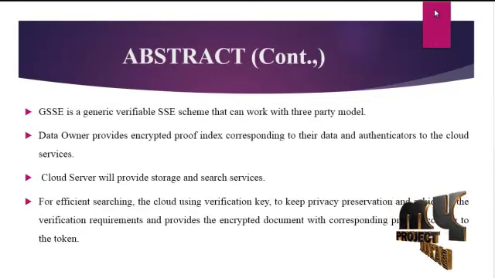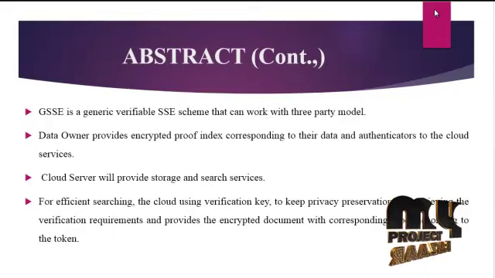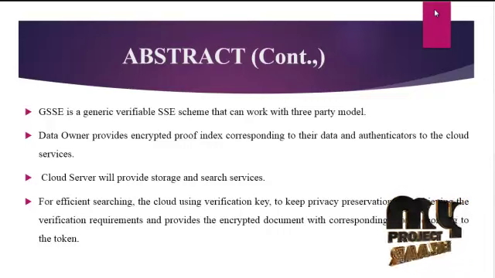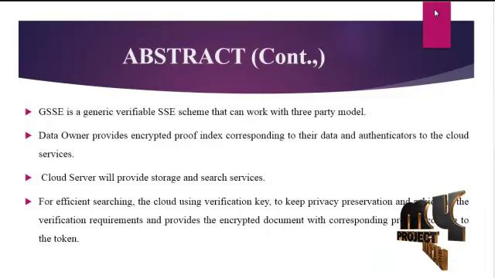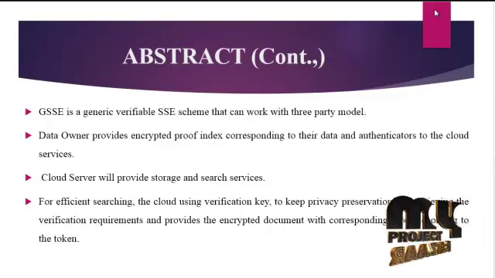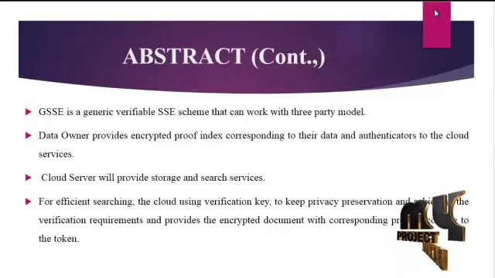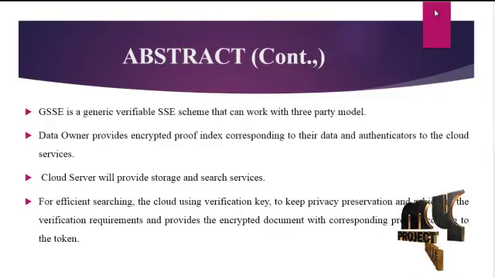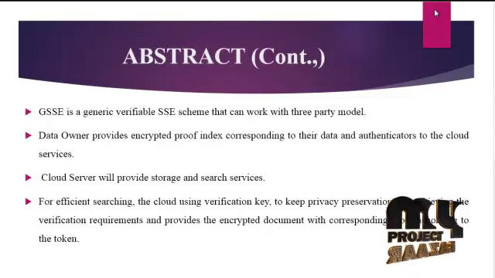GSSE is a generic verifiable SSE scheme that can work with the three-party model. The data owner provides the encrypted proof index corresponding to the data and authenticators to the cloud services. The cloud server will provide storage and search services. For efficient searching, the cloud uses a verification key to keep privacy preservation and achieve the verification requirement, providing the encrypted document with the corresponding proof according to the token.